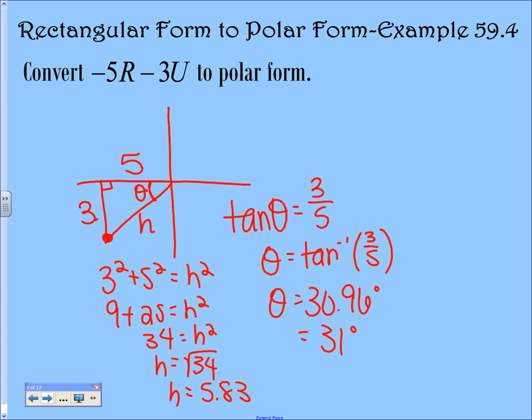Okay, so when we write our answer, what number goes first? So our angle, where do we start when we measure the angles? First quadrant, and so we're going to go which direction? Okay, and we're going to stop here. That angle is obviously not 31 degrees.